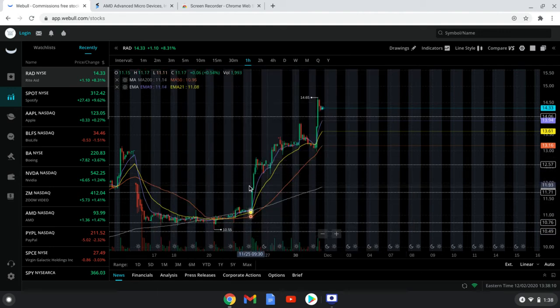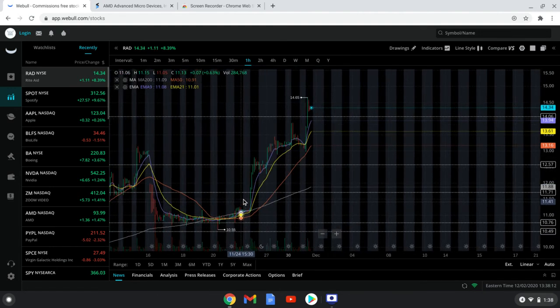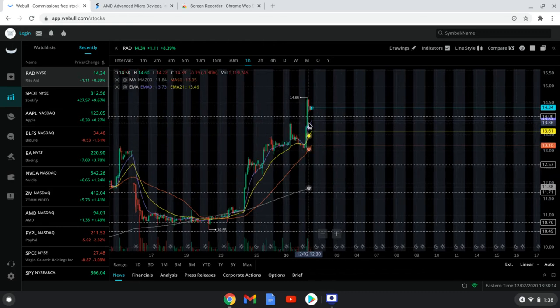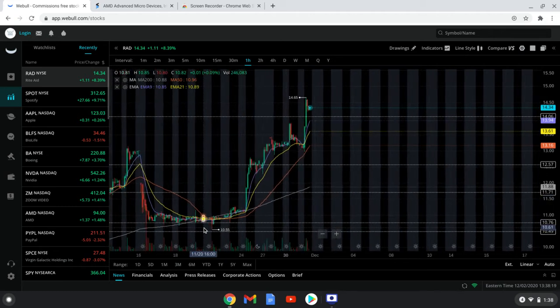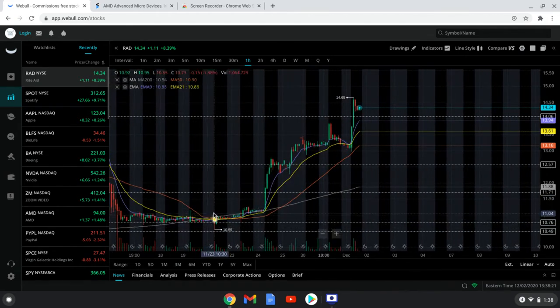Now that we have our SMAs and EMAs, here's a good time to call. Right here you see all the MAs and the SMAs squeezing, which means it's going to break out soon, and it did exactly that right here. So right here should have been an indication to watch out for it.